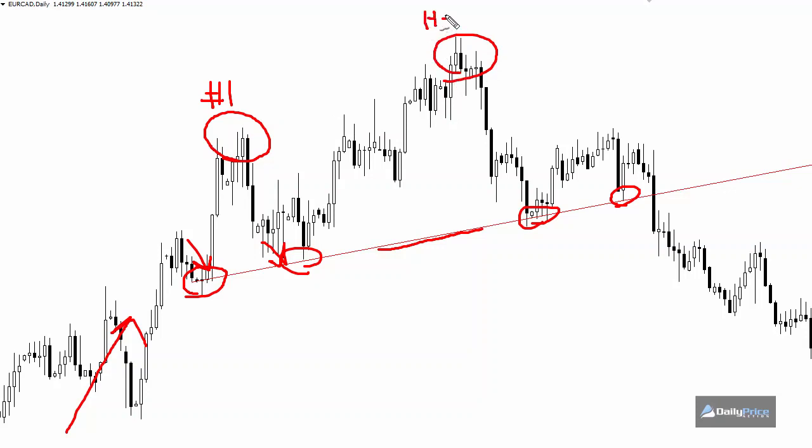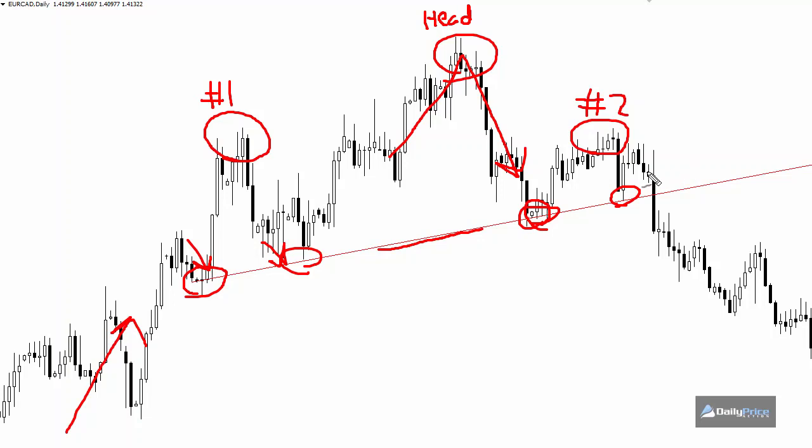This is the head of the pattern, and this is where the market makes an exhaustion move, meaning that it comes up here, can't hold on to these levels, and sells off rapidly. Now, this third high, as the market comes down and finds support again at the neckline, is shoulder number 2.